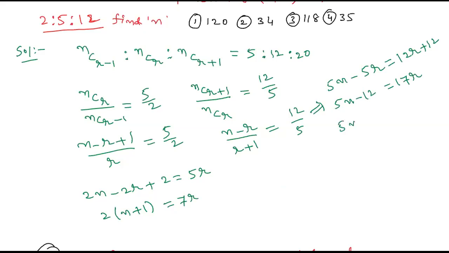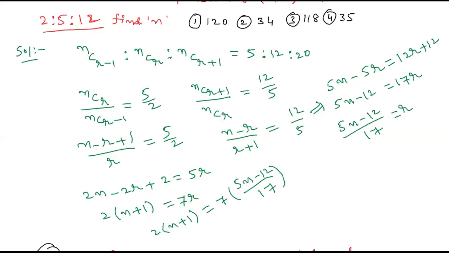Now (5n-12)/17 is equal to r. This r value substitute here. 2 into (n+1), that is equal to 7 into (5n-12)/17. Do this calculation. Finally, we get n value is 118. So third option is correct.